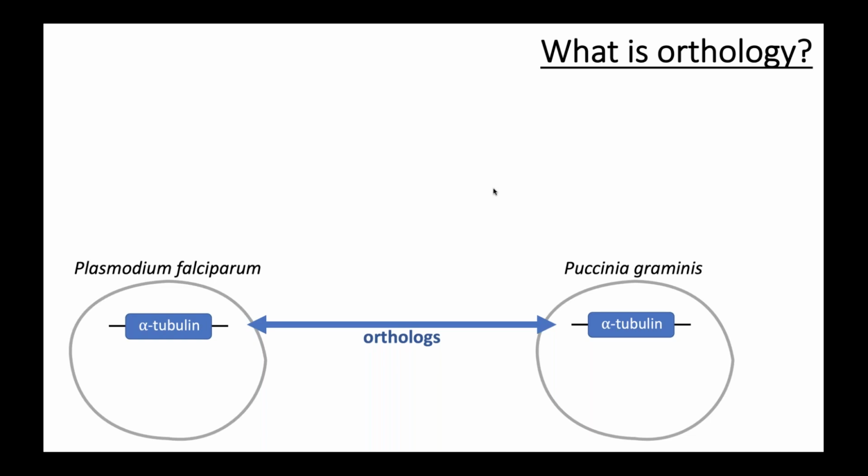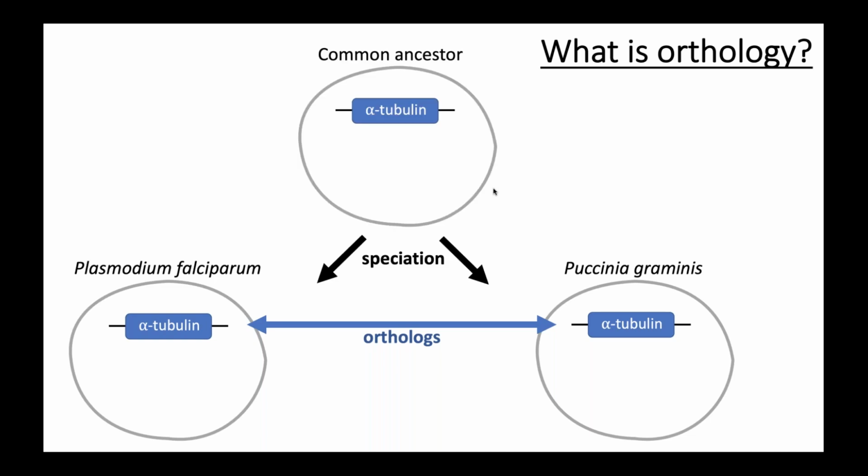And the question is, how did that arise? It arose because in a common ancestor there was alpha tubulin, and through speciation you got these two species, and they both contain an alpha tubulin. There's selective pressure to maintain that function of alpha tubulin. So what about beta tubulin?